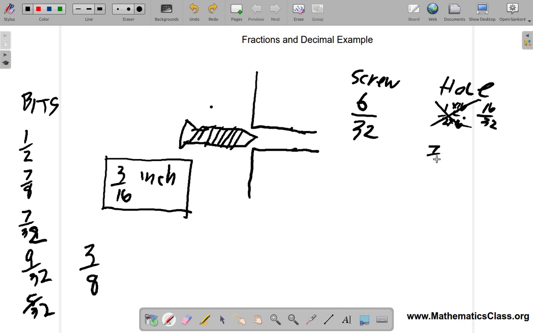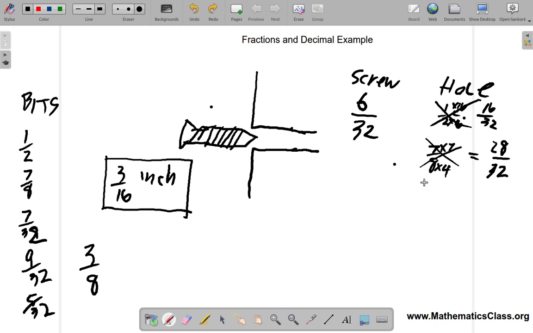If you try the 7/8 inch, 7/8 is how many over 32? Well, if you multiply 8 by 4, you get 32. So you must multiply 7 by 4 as well, and you get 28. This is 6/32 and this is 28/32. Obviously, the hole is much larger than the screw, so 7/8 cannot work either.